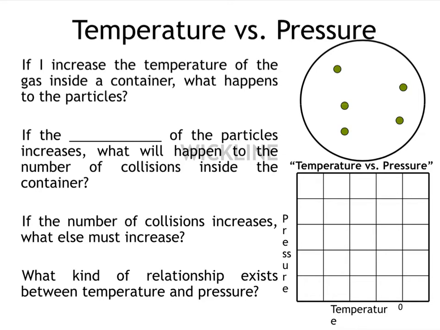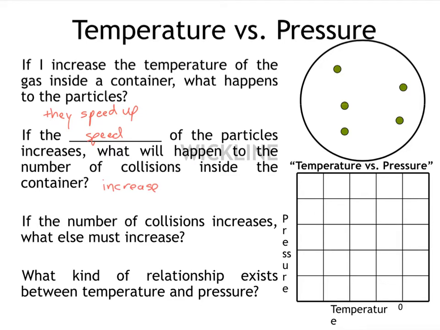So maybe at a lower temperature, the particles will be colliding with the walls of the container at a specific rate. But if you increase the temperature, they'll collide more frequently and more often. Therefore, if you increase the speed of the particles inside a container, the number of collisions would also increase.